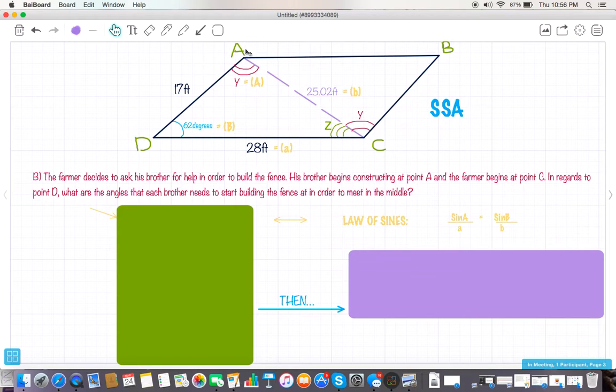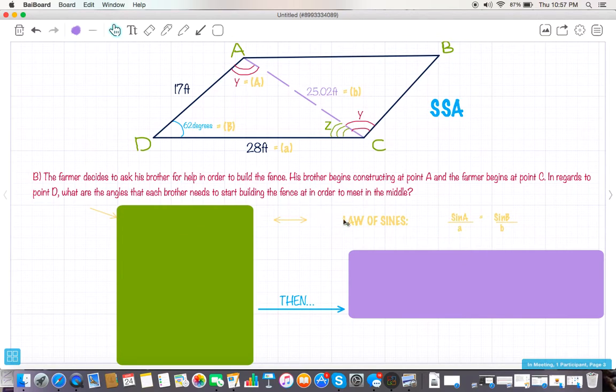So in regards to point D, what angle does this farmer have to travel at in order to reach the middle, and what angle does this farmer have to travel at in order to reach the middle and create a straight fence?